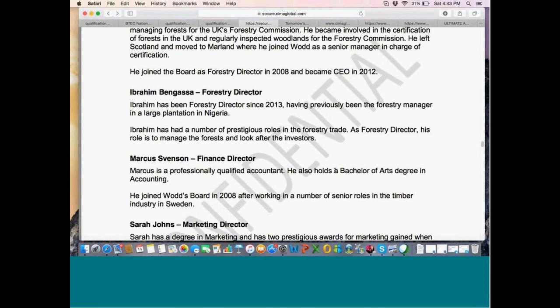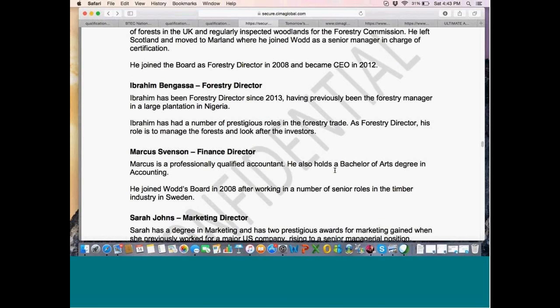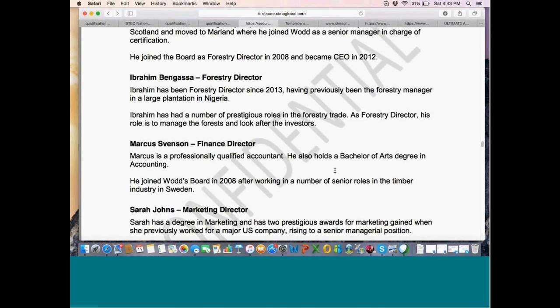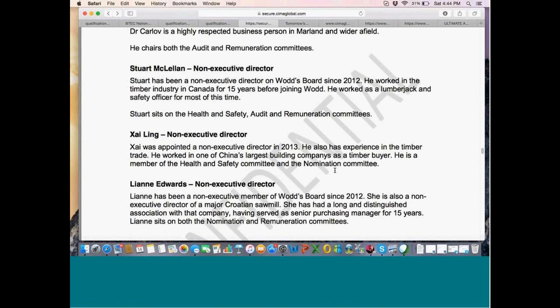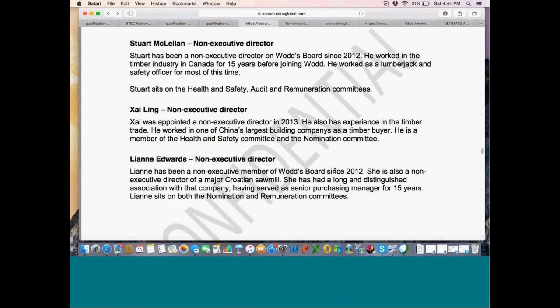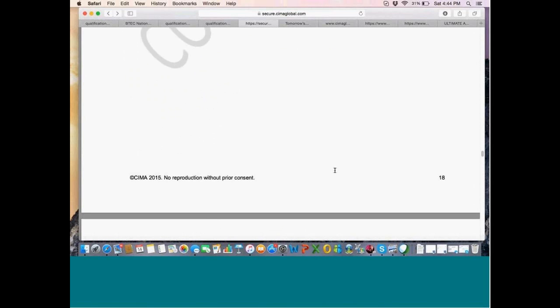Health and safety, there's nomination, there's remuneration, there's audit. 4 committees are there. So do you think we need to have more committees because of the industry that they're in? Right? So that is another thing that you guys might want to consider.